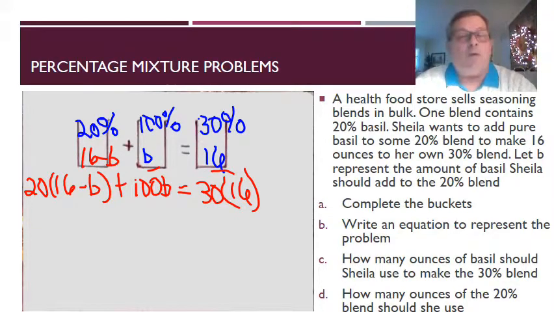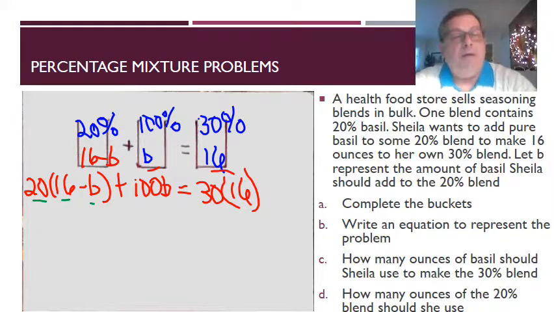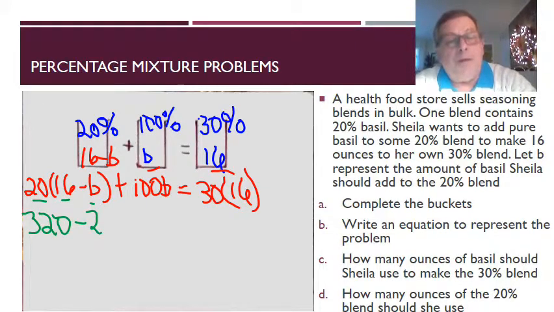So let's go ahead and start working with our equation. Now, first I've got to distribute this 20 here to both the 16 and the B. And so when I do, I'm going to have 20 times 16 is 320 minus 20B plus 100B.